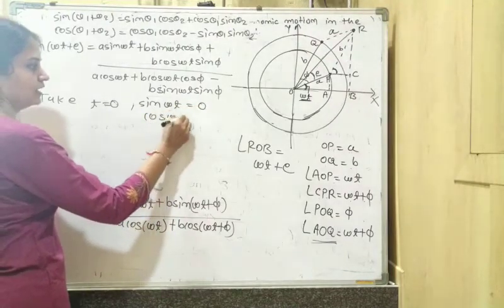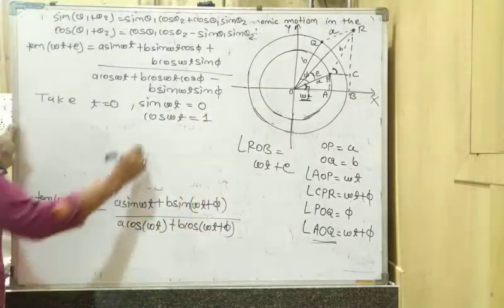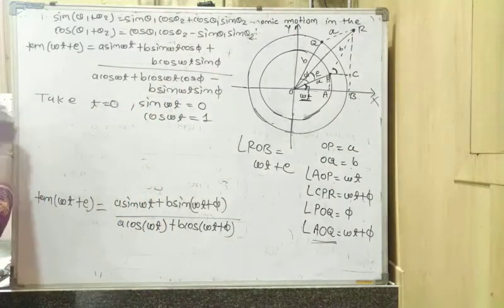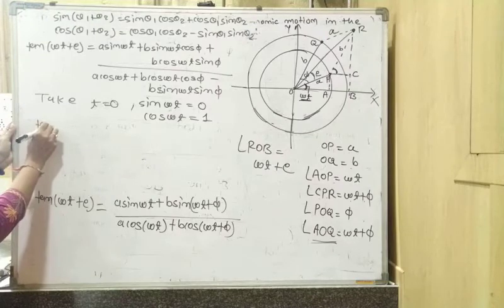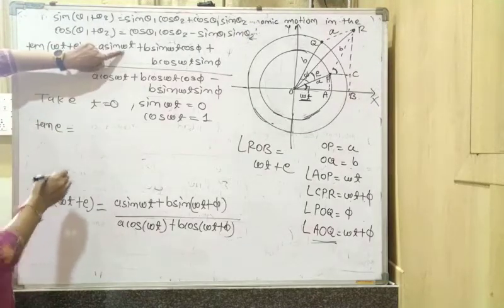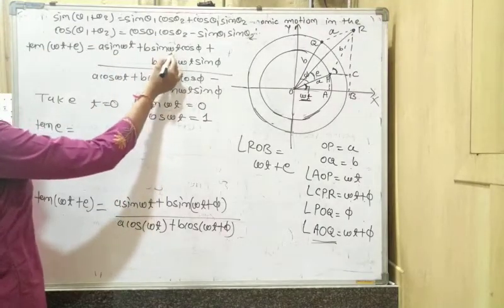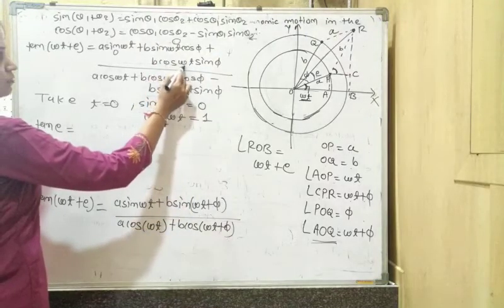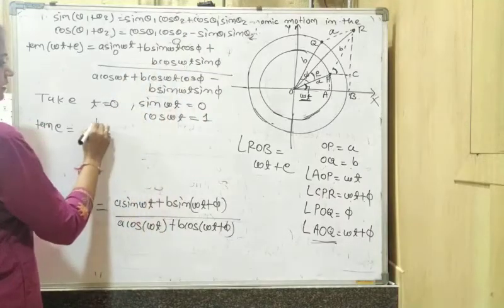But cos omega t, cos 0, is 1. Apply these two conditions on the above equation. In this equation also, t becomes 0, so it is only tan E. In the numerator, the first term is 0, and here also sin omega t is 0. Here cos omega t is 1, so only B sin phi is remaining.